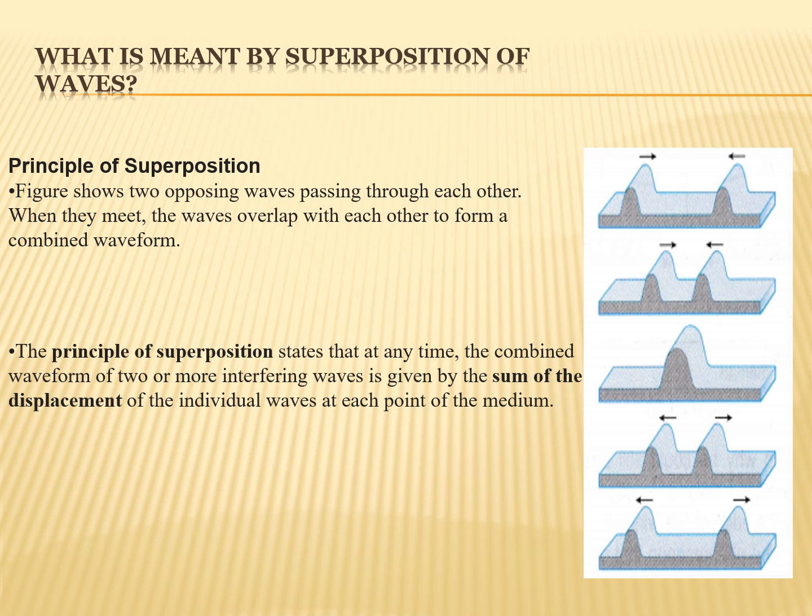The principle of superposition states that at any time the combined waveform of two or more interfering waves is given by the sum of the displacement of the individual waves at each point of the medium.